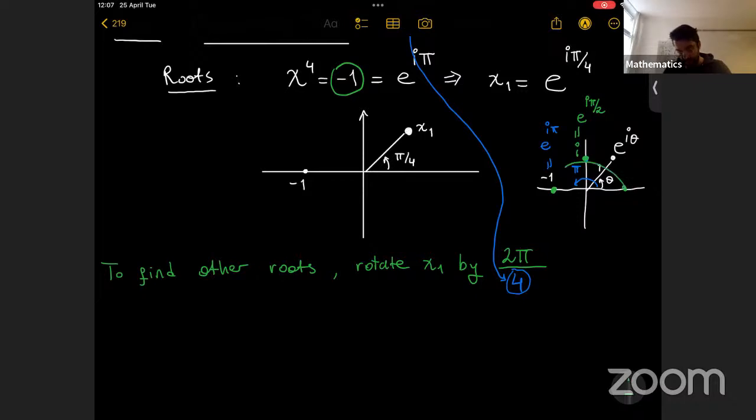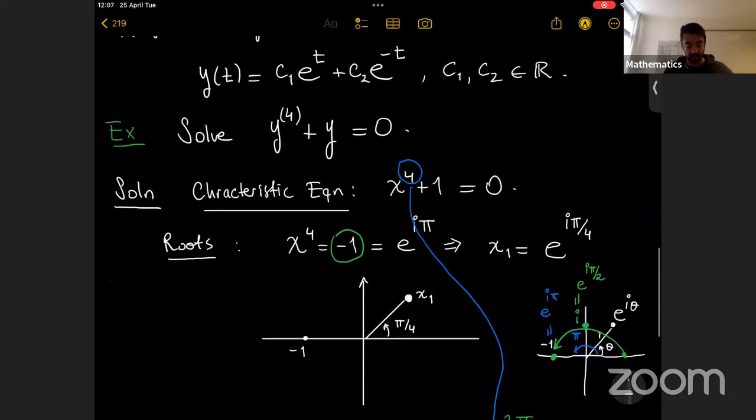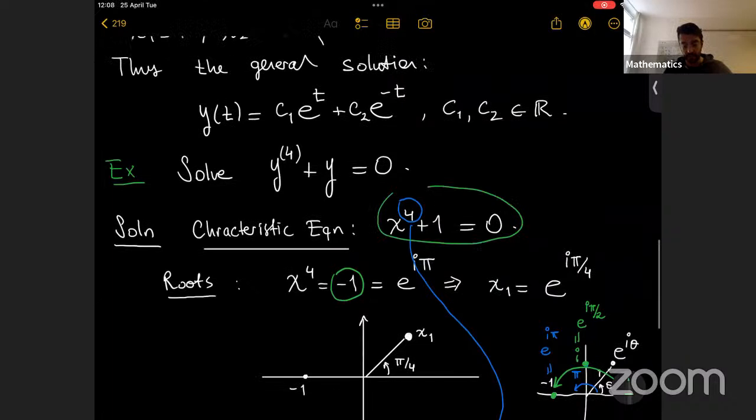The angle from this to -1 is pi. Oh, where do we get -1? It follows from this, lambda to the 4 plus 1 is equal to 0. Yeah? It follows from the characteristic equation. All right. Okay, good.